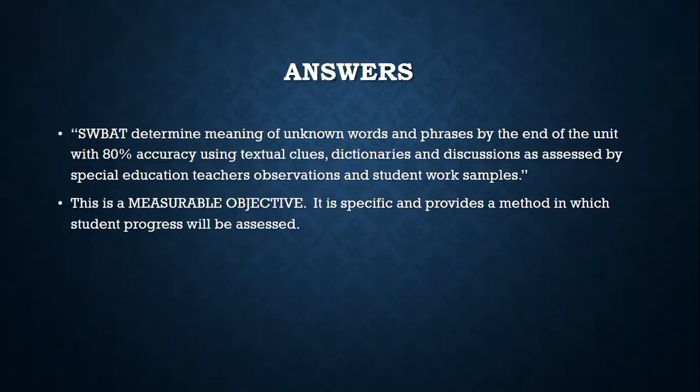It is a measurable objective because it is specific and it provides a method in which student progress will be assessed. What jumps out immediately is the 80% accuracy. That's a very specific and definite measurement. So we want to look for those cues as we are reading the statements.